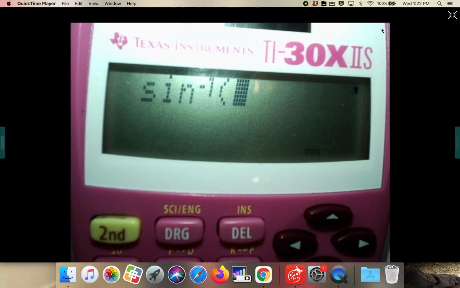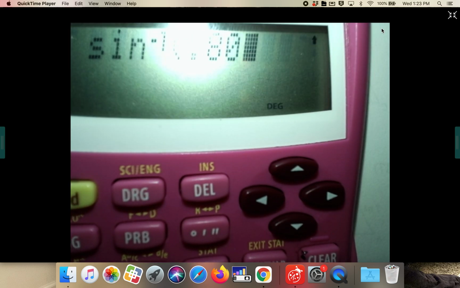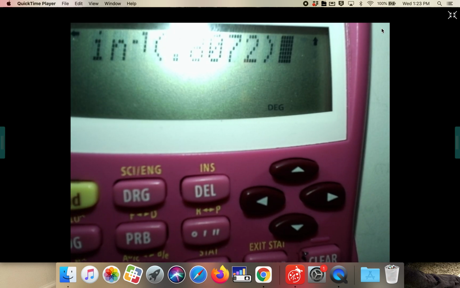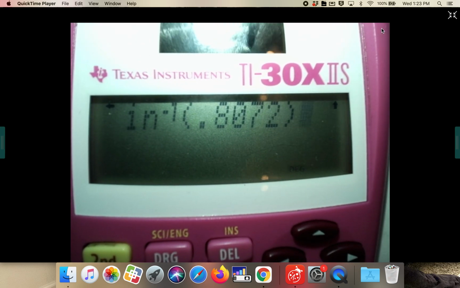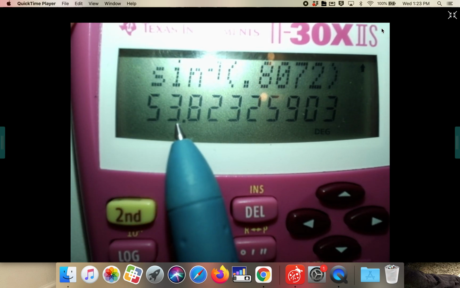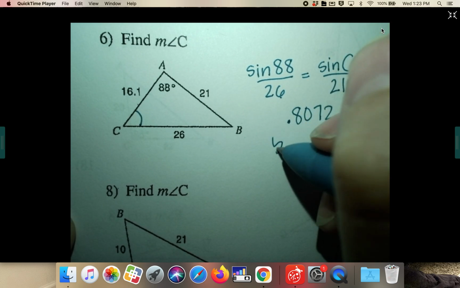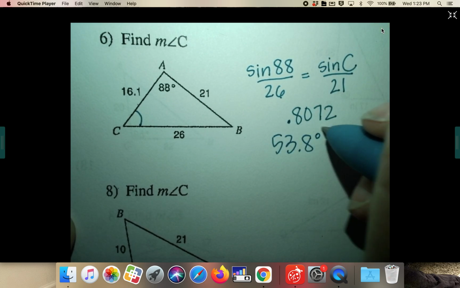Okay, and it should look like this on your calculator. So inverse sine of 0.8072, close your parentheses, and it gives us an angle measure of 53.8. So the angle measure is about 53.8 degrees.